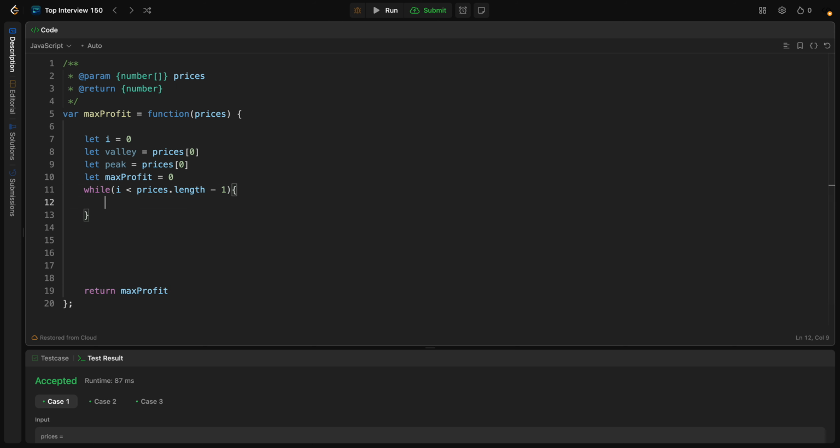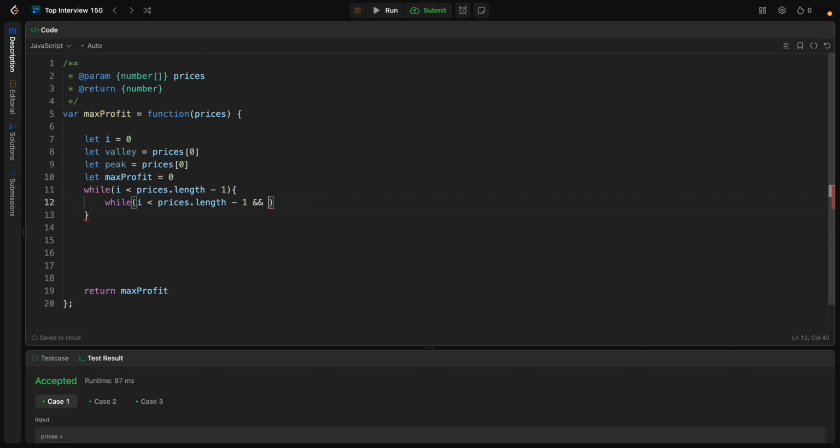Basically, we want to make sure there's something to loop through, and now we're trying to find a valley.